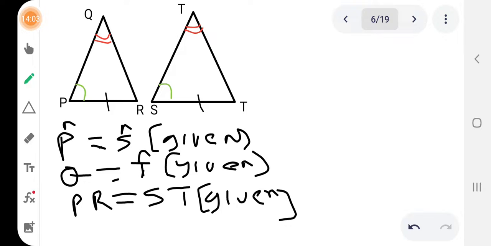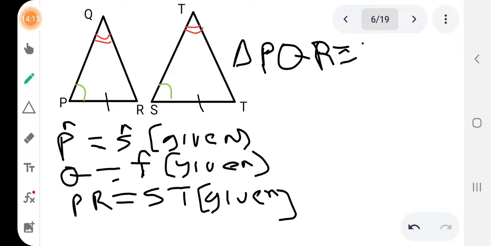So therefore, we have proved that triangle PQR is congruent to triangle S. No, this is not supposed to be T. Let me erase this one. It cannot be T, so there is a mistake.